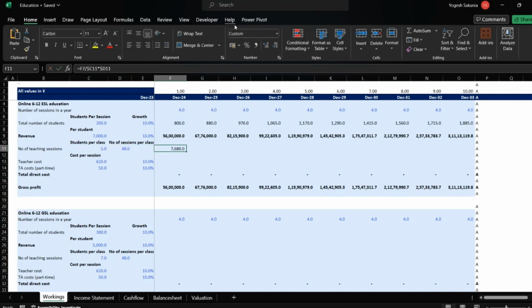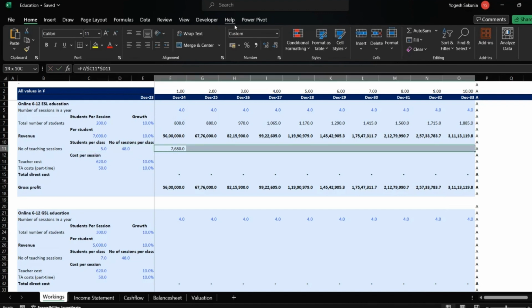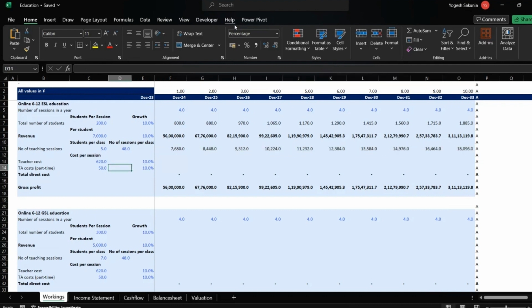So this is the number of sessions that will be done in the first year, and we can then drag it for all the years in terms of the number of sessions, right? And then cost per session is also given to us.